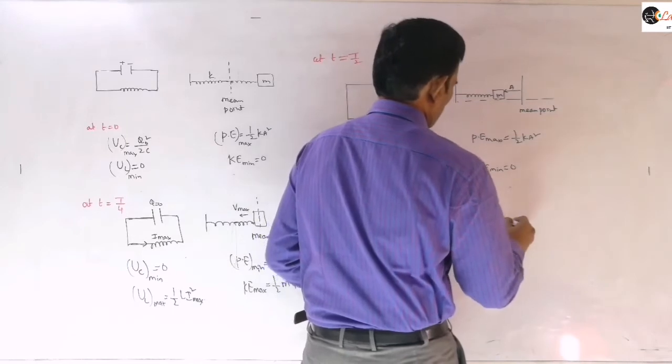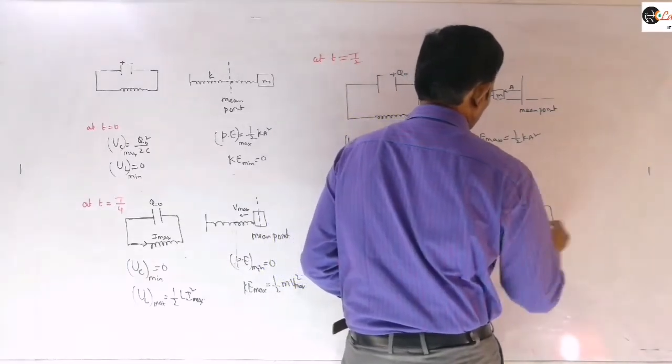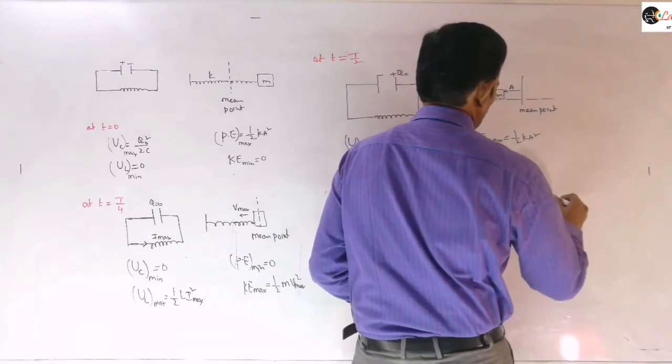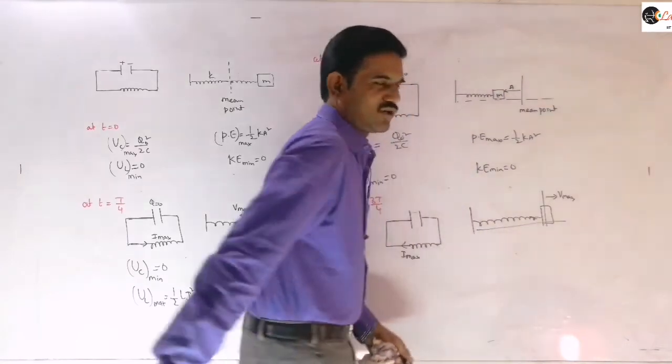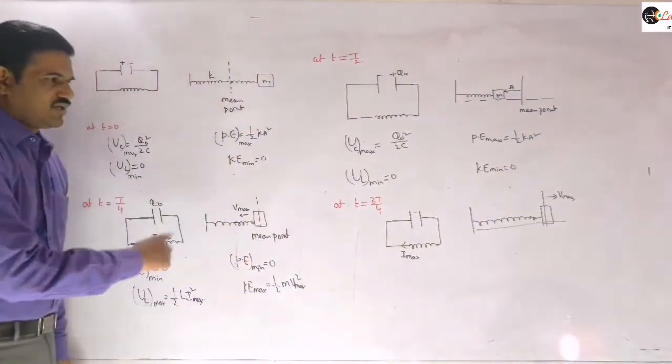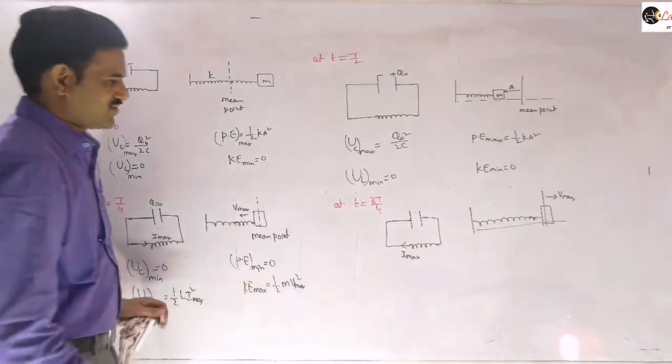Similarly, in the spring block system, the block is at its mean position with maximum velocity, but in the opposite direction compared to before. The energies will be the same.